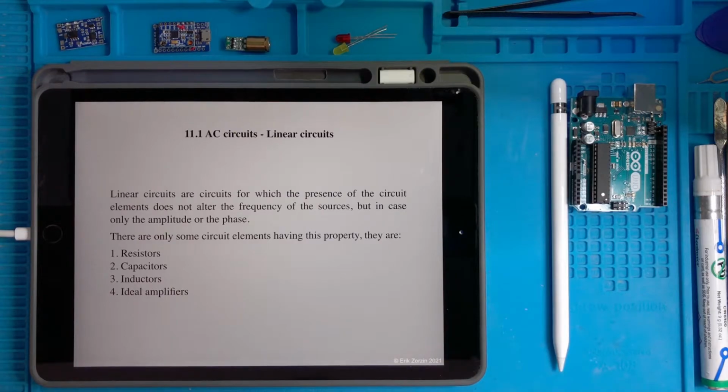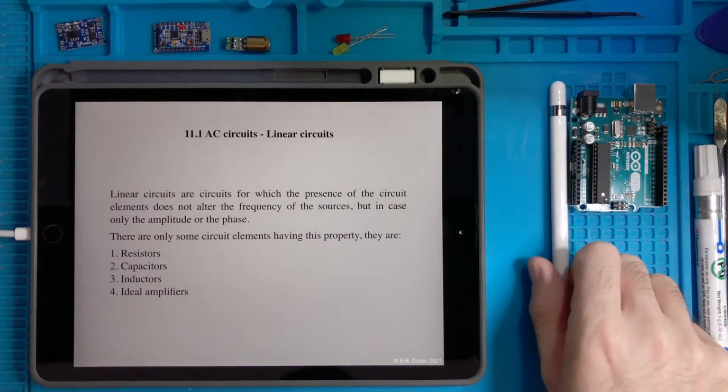So now we have to understand that till this moment we worked only with resistors, but we know that there are also capacitors, at least inductors, and then also other things which are ideal amplifiers.